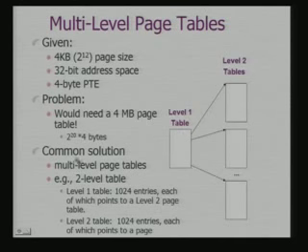So, what do you do? You have multi-level page tables. Okay. So, the level 1 table may have 1024 entries, each of which points to a level 2 page table, and a level 2 table has 1024 entries, each of which points to an actual page.